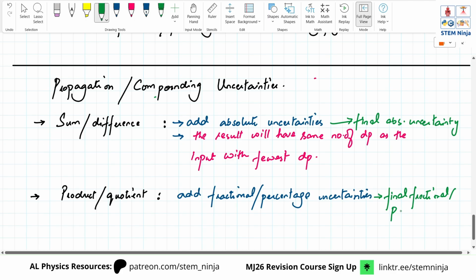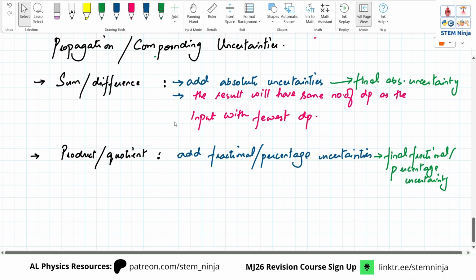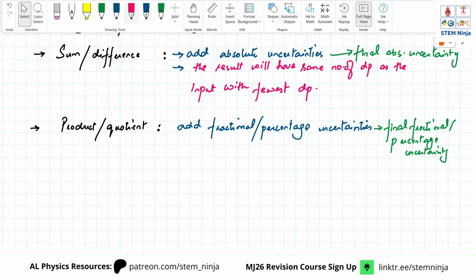It's not giving us the absolute uncertainty directly. So we have to find that carefully. And for this one, it's the significant figures that we have to use.